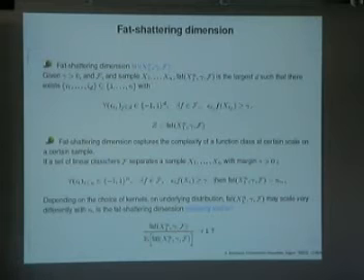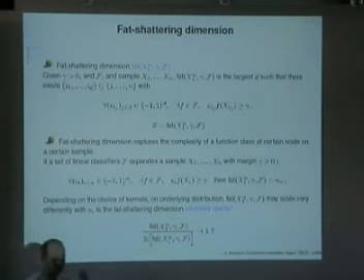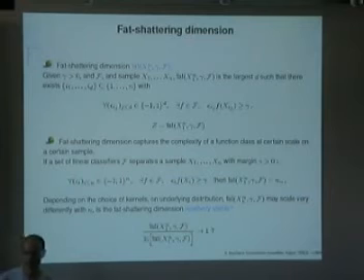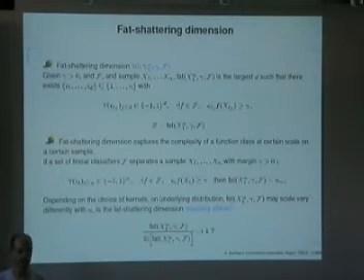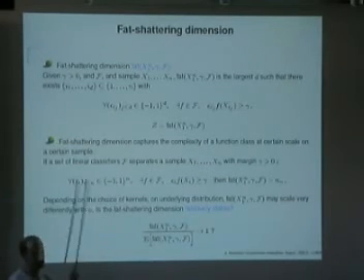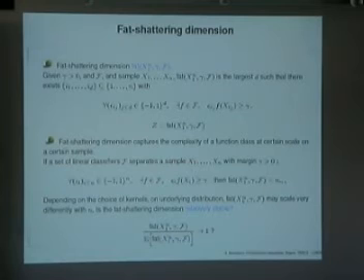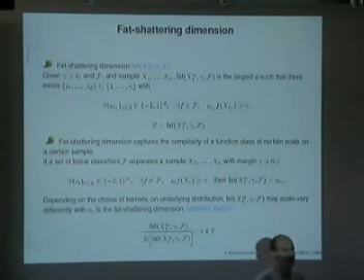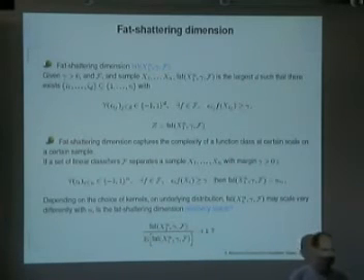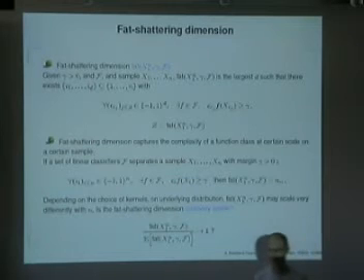Why? Because being shattered is a hereditary property. If your sample is gamma shattered, any of your subsets is also gamma shattered. So this fat shattering dimension, this VC dimension, is nothing but the largest cardinality of a subset satisfying some hereditary property, just like being a packing in a set of intervals.